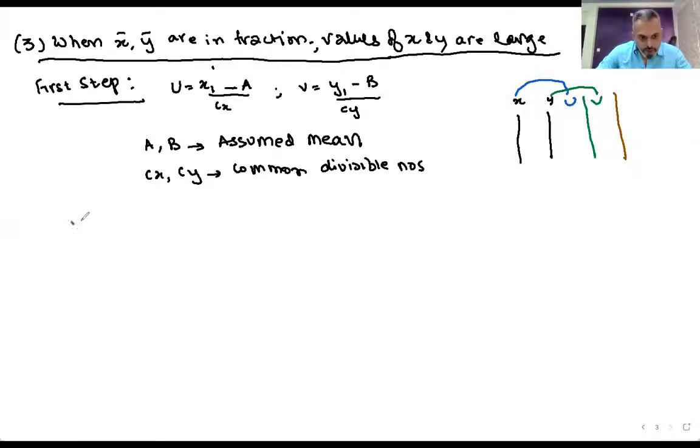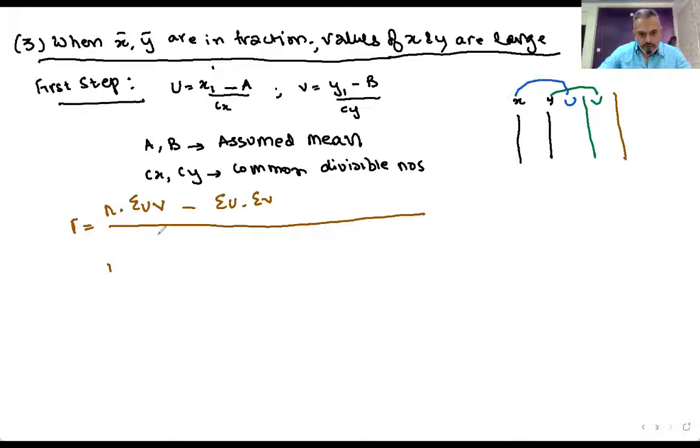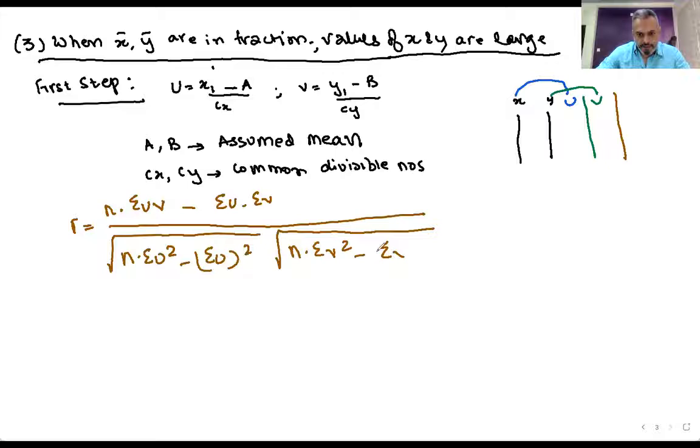So now the formula is r is equal to n sigma uv minus sigma u into sigma v, upon under root n sigma u square minus sigma u the whole square, under root n sigma v square minus sigma v the whole square.